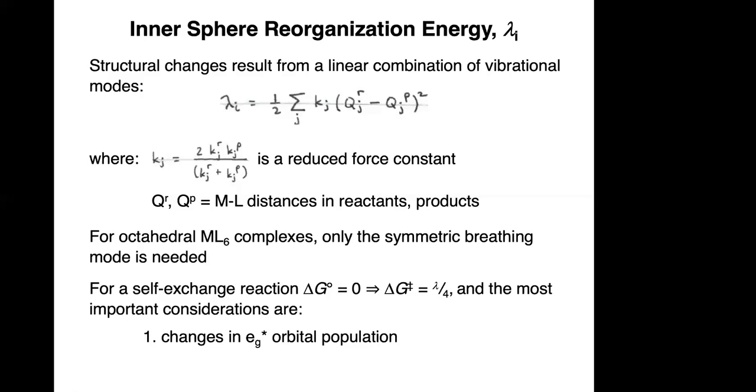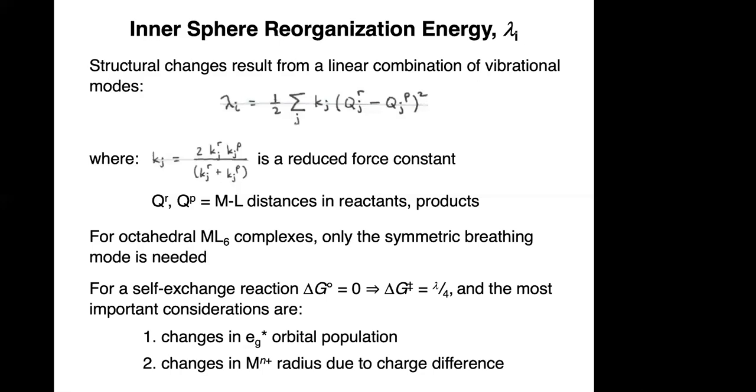And of course, that will take stronger vibrational activation, more thermal energy to move those nuclei. The second important consideration will be differences in the size and the bond lengths according to the charge of the metal changing the radius of the metal ion, and therefore the size of the donor versus acceptor complex.